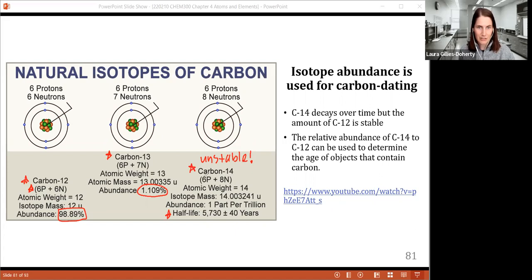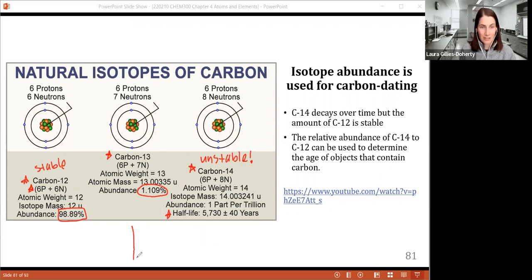Basically, a neutron turns into a proton and you get nitrogen. Because all animals are ingesting carbon, we have a steady amount of carbon-12, which is stable, in our bodies and in our bones.